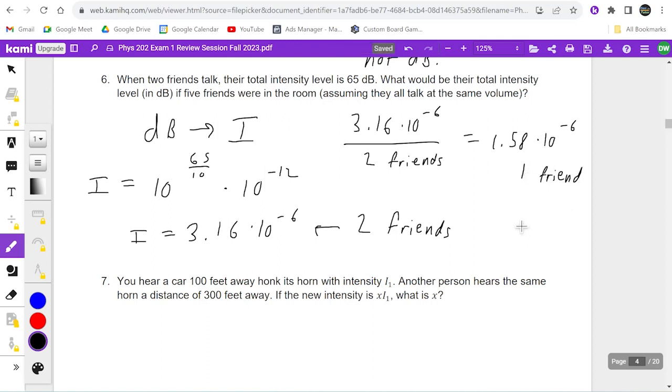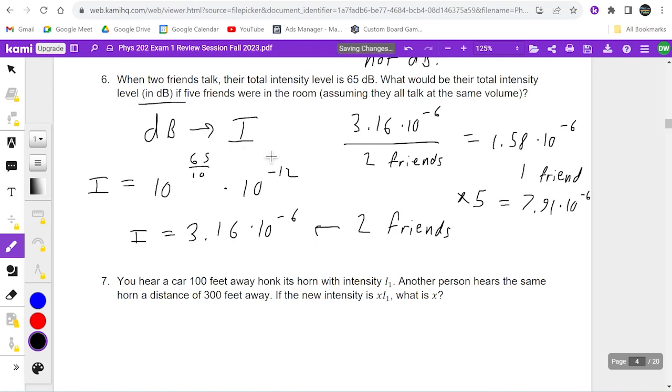And that's great, because then if you have 5 friends, you just take this answer and multiply it by 5, because there's 5 of you, there's 5 friends. And you'll get a final answer of 7.91 times 10 to the minus 6 as your intensity. That's for 5 friends. And if you circle that, then you jumped the gun. It's not the final answer, because if you read the question, they want it in dBs.